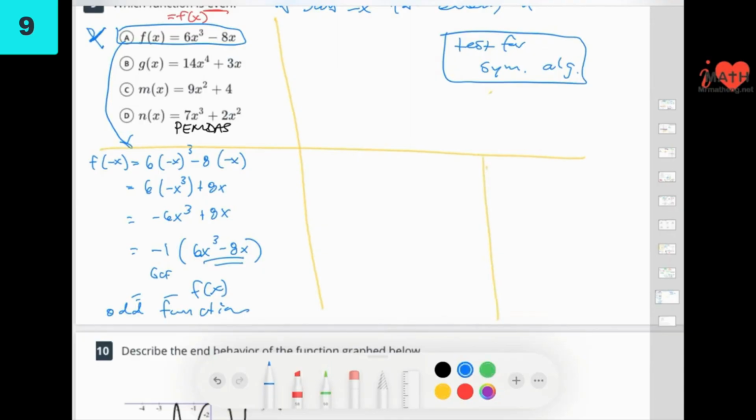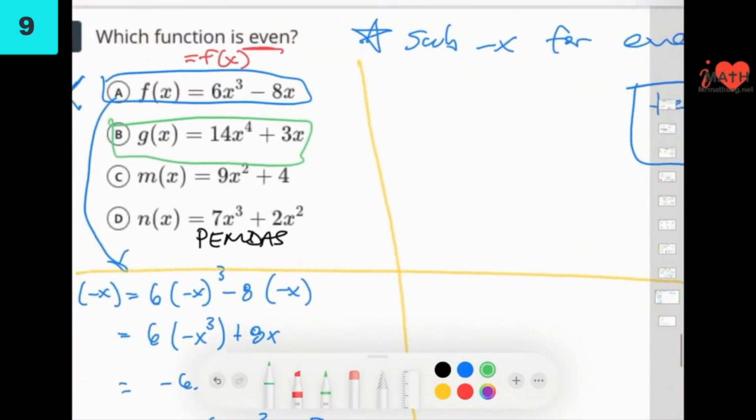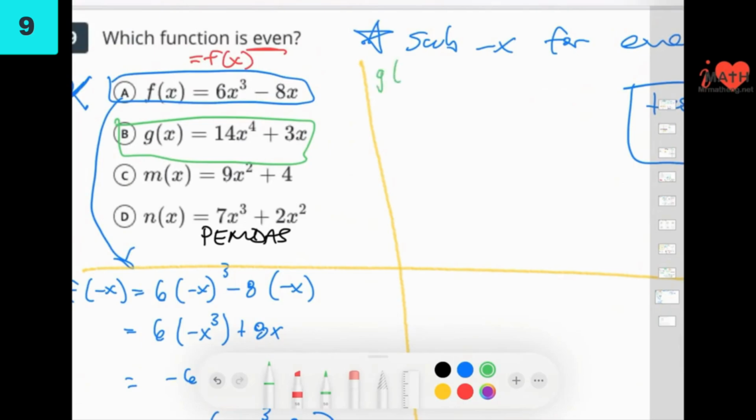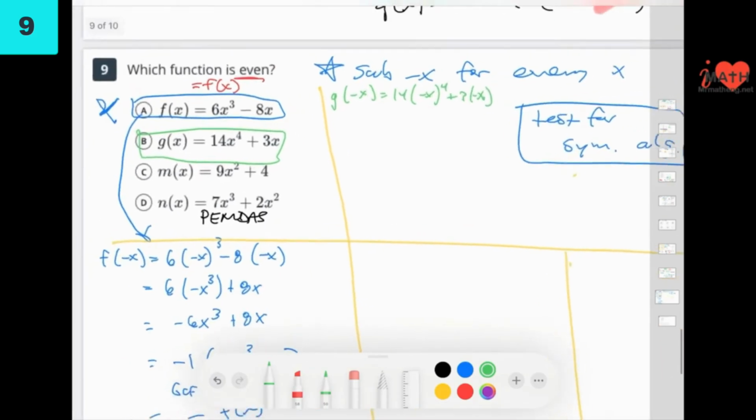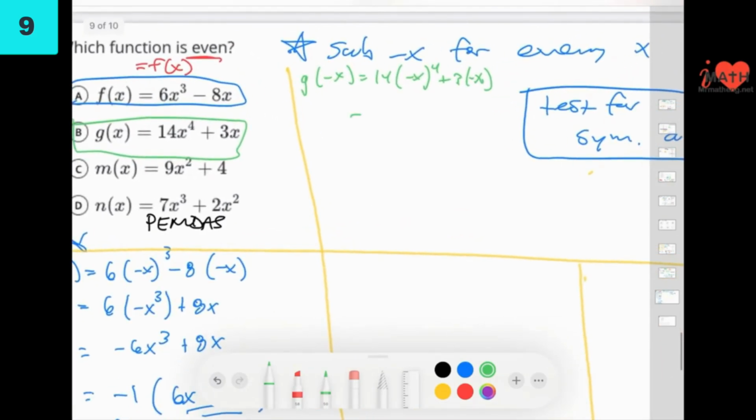Let's try this one. Oops, I wanted to use green. Let's try g of x. So now, g of x, we're going to put in negative x. And we're putting a negative x every time we see x.